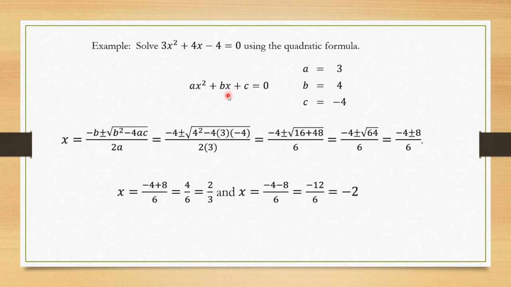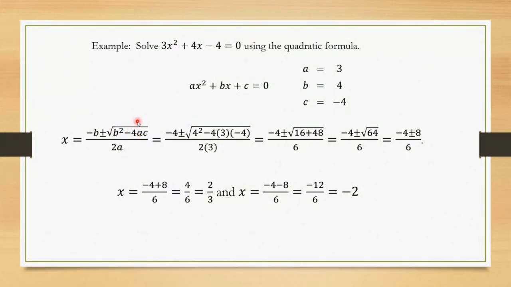And now we can use the quadratic formula. We have minus b plus or minus the square root of b squared minus 4ac over 2a. That's the formula, right?